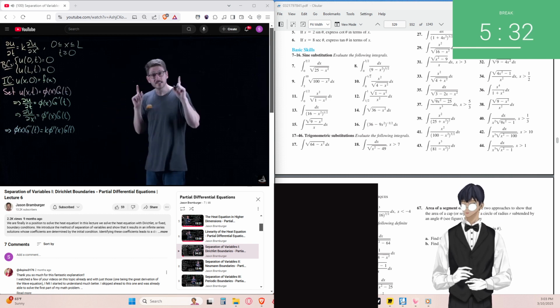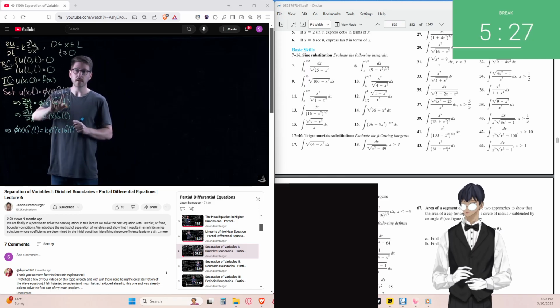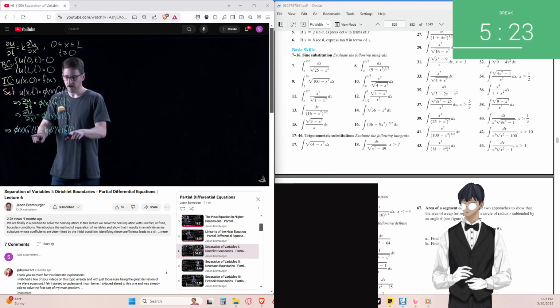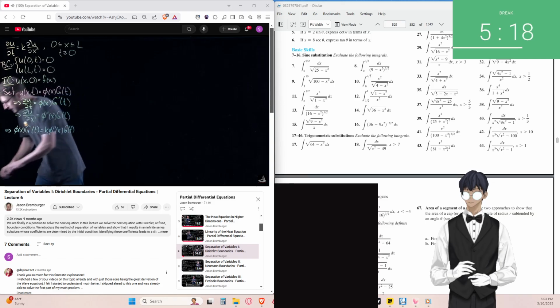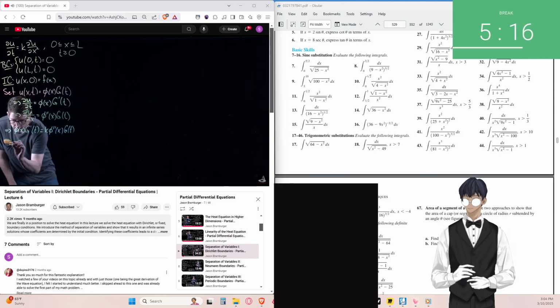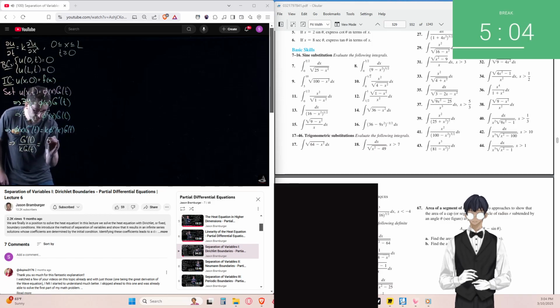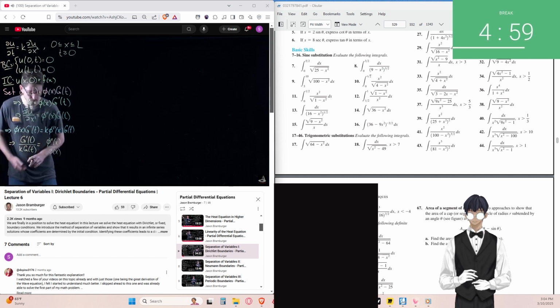And here's what we do. This is where the separation comes into play. Because the fact that we assumed that we could separate out the variables means that I could divide off g and divide off phi, and I could get g prime of t over k g of t is equal to phi double prime of x over phi of x.